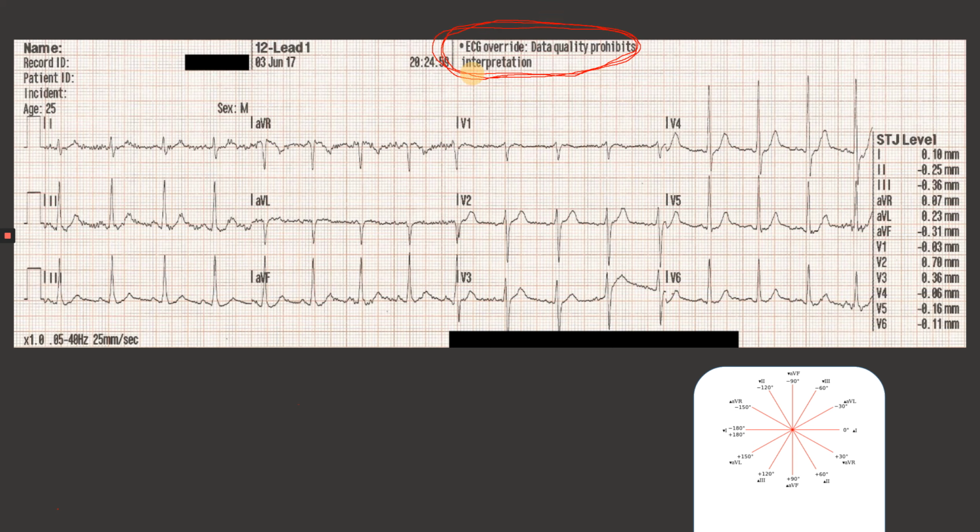So it's just like, I don't know what to do with it. Here it is. And when this happens, you'll notice that you don't get any of your numbers here. You don't get your PRI, you don't get your QRS, and you also don't get your axis, right? We talked about that in the last lecture.